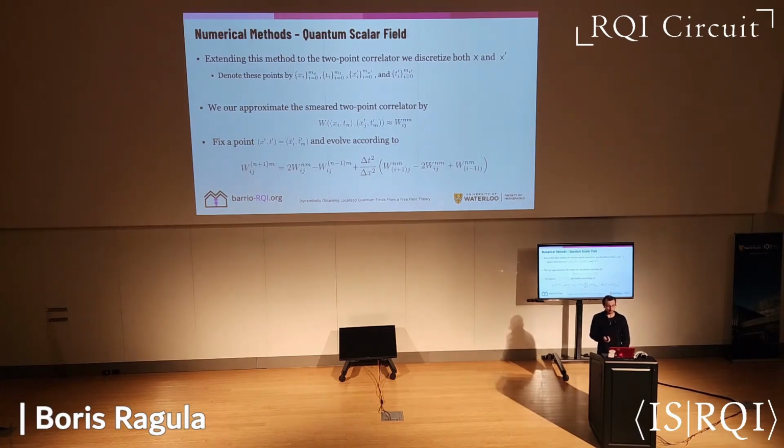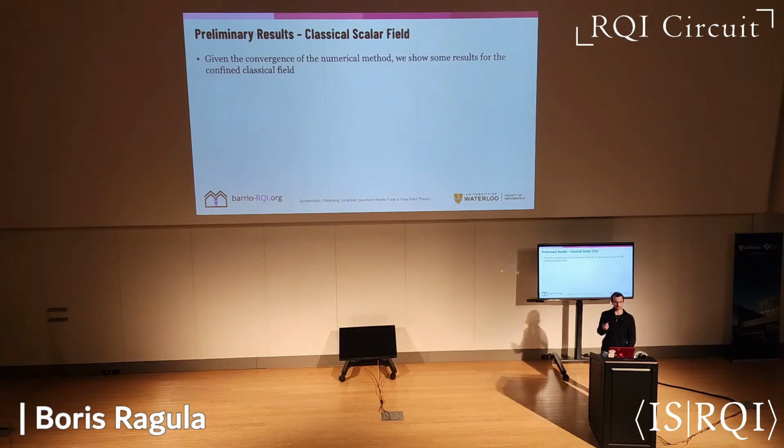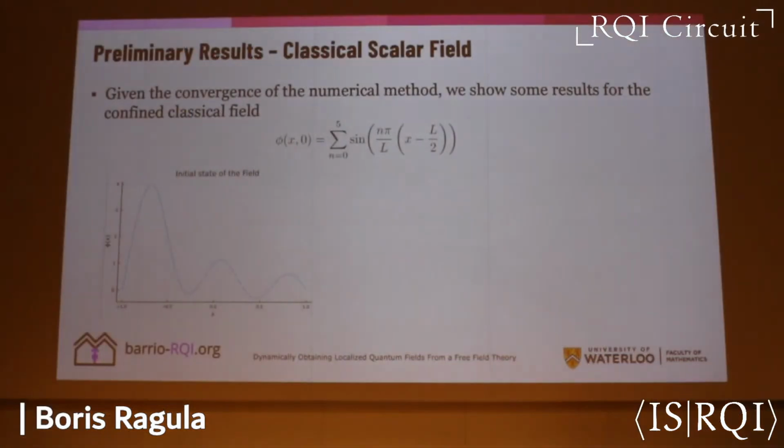Now, using this, we do have some nice preliminary results. For the classical case, I could show an example here where we start with this initially delocalized field profile within the cavity. It's just the sum of the first 5 modes of the cavity.